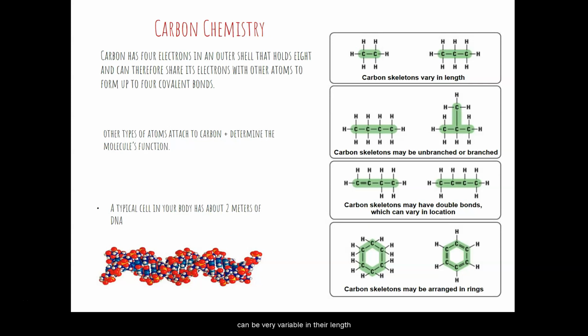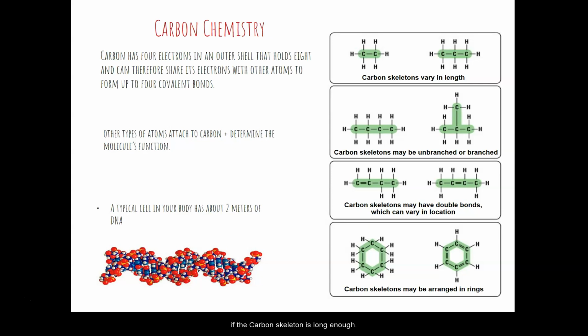Carbon skeletons can be very variable in their length. You could also have a carbon skeleton that's straight, or you could have branches to it. You can have double bonds. Double bonds are interesting because they create a kink in the carbon skeleton. So instead of it being a straight skeleton, it has a kink in it. And you can have double bonds in different locations in your carbon skeleton.